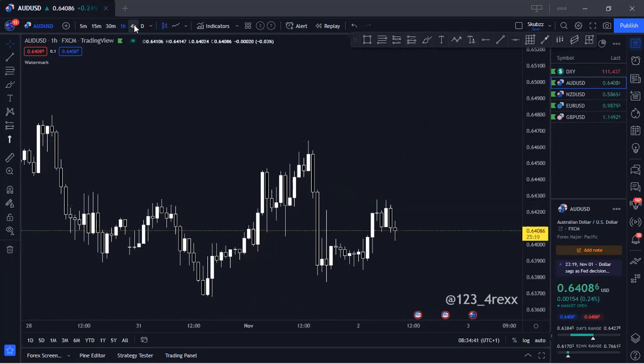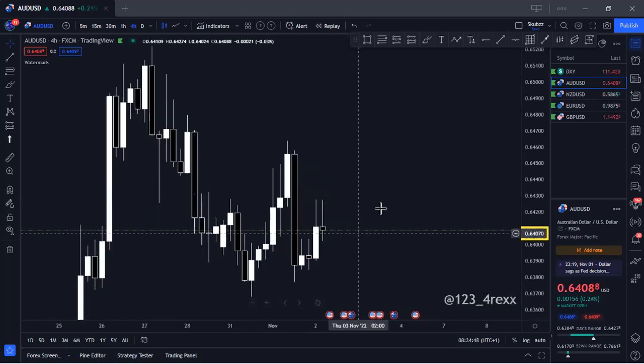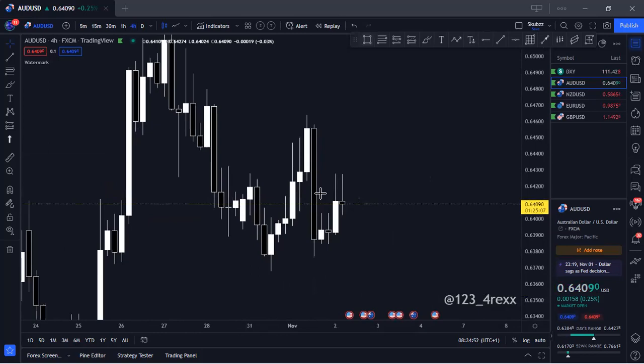Let's check the 4H. How are we doing? We're bullish on this 4H too, because we have not broken structure to the downside yet. We have not broken this higher low yet, so we're still bullish.